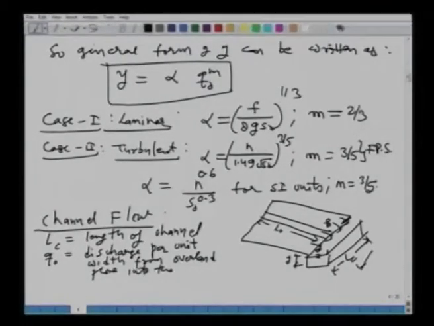Okay. So what will be the total Q in the channel? The total Q in the channel will be Q0 multiplied by the total length of the channel, which is LC. So it would be Q0 times LC.